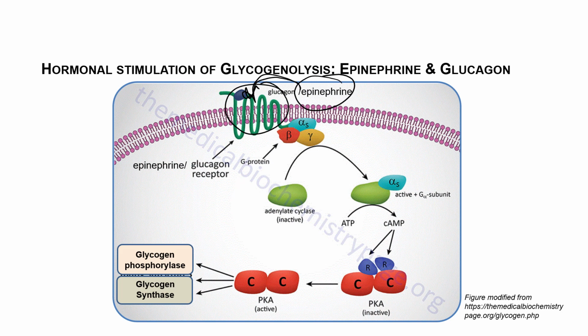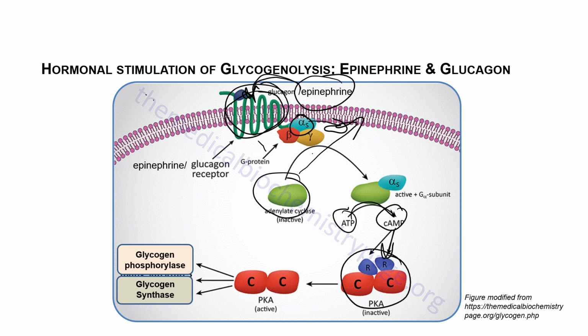Epinephrine binds to the adrenergic receptor, and when it is activated, the alpha subunit will swap out GDP for GTP, travel along the intracellular side of the plasma membrane, and activate adenylate cyclase, which more realistically should be up here. Then adenylate cyclase begins to convert ATP into cyclic AMP. And what does cyclic AMP do? Cyclic AMP activates protein kinase A, or PKA.